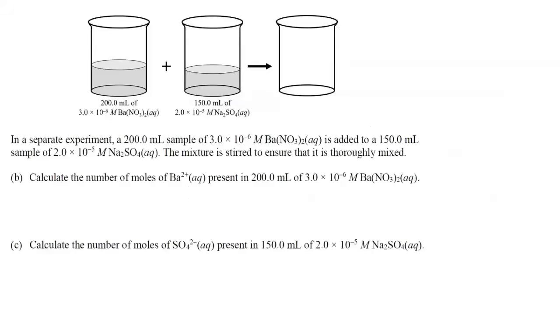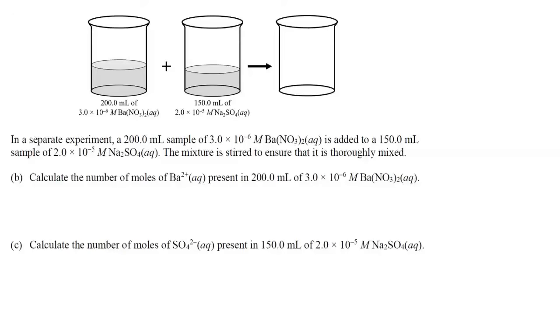All right, so this is parts B and C. In a separate experiment, a 200.0 milliliter sample of 3.0 times 10 to the negative 6 molar barium nitrate, that's in the beaker on the left, is added to a 150.0 milliliter sample of 2.0 times 10 to the negative 5 molar sodium sulfate.